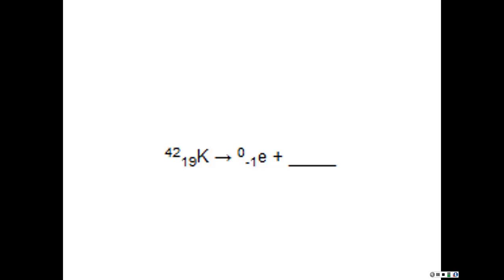But okay, let's try this one. Potassium-42. This would be what makes our bananas radioactive. It is a beta emitter.